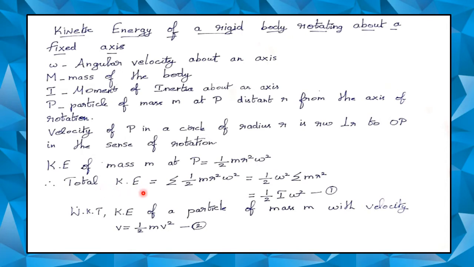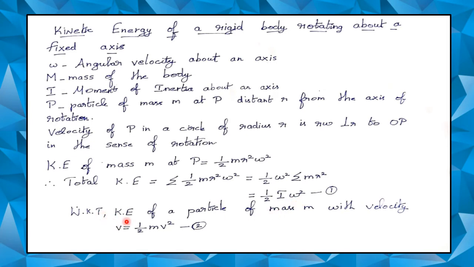Now the total kinetic energy is equal to the summation of half m r square omega square. Omega square is constant, so you can take it out. So this is equal to half omega square summation m r square, and summation m r square is nothing but the moment of inertia. So we can replace this by capital I, giving half I omega square.